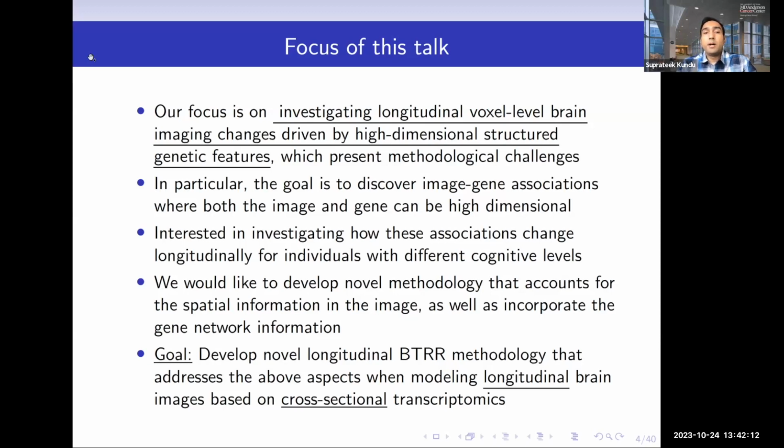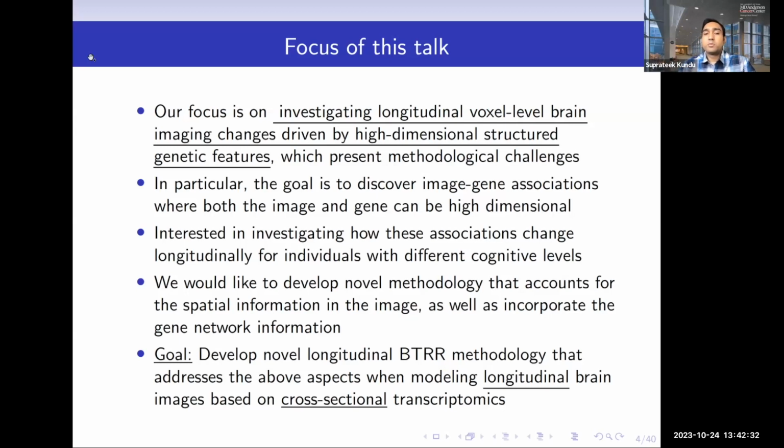There are other levels of complexity that we deal with in our ADNI analysis: there are individuals with different cognitive levels, and we expect these image-gene associations to be heterogeneous across different cognitive levels. So there are all these heterogeneity factors at play.